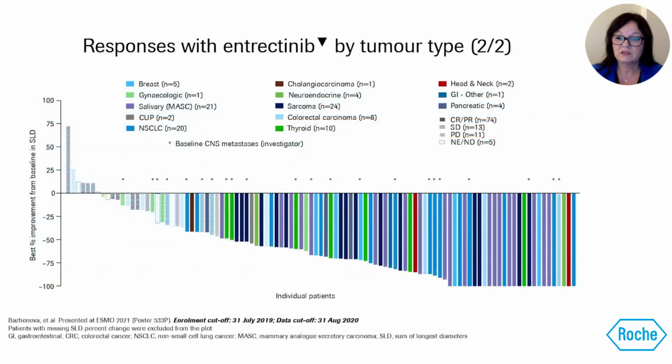In the waterfall plot in this slide, we saw responses with entrectinib, with complete response and partial response in 74 patients, stable disease in 13 patients, and we see only a few patients with progressive disease.